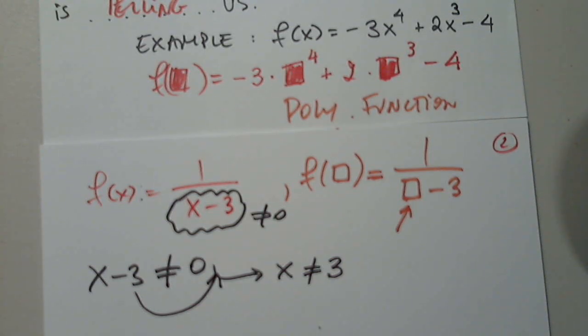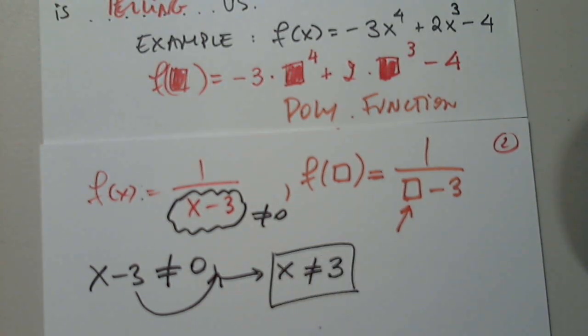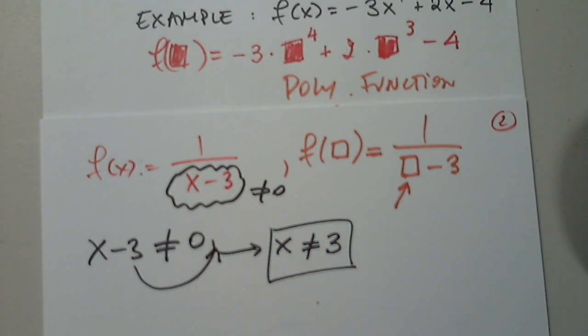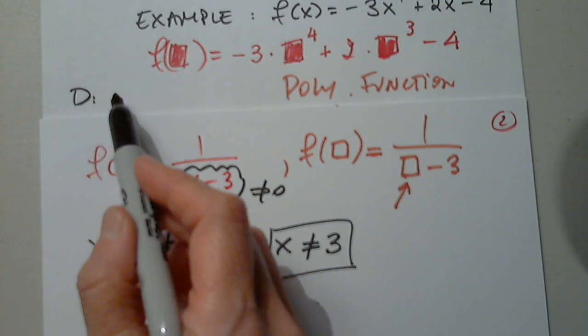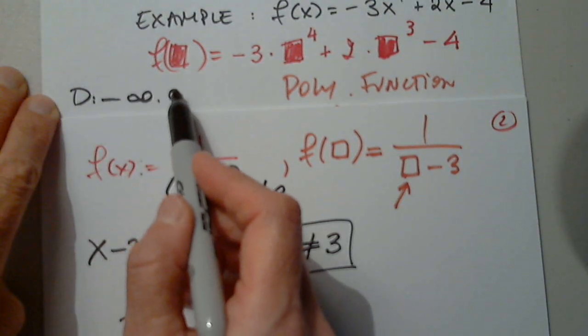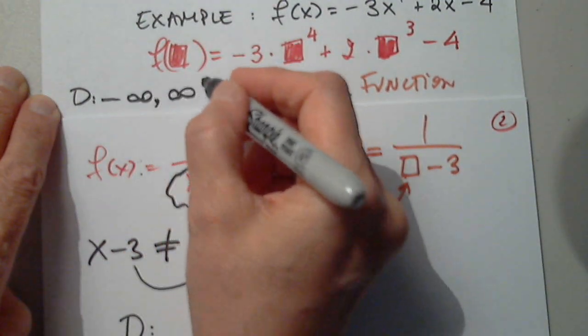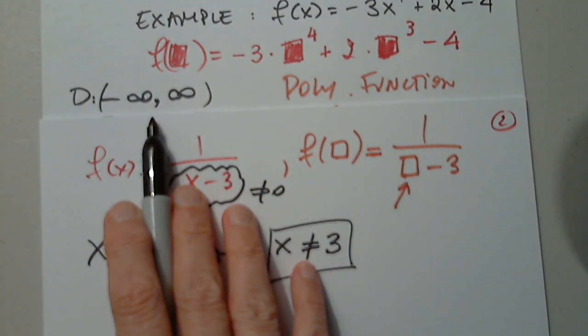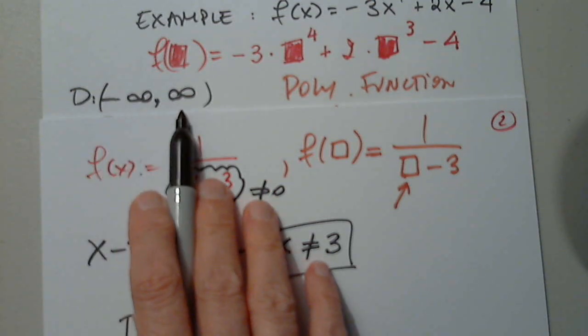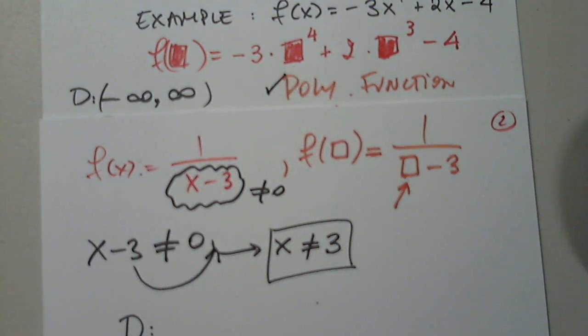It changes its sign, so then x cannot equal 3. How will I write the domain of this function? The domain of this function is written in interval notation like this. All real numbers. For polynomial functions, from negative infinity to infinity, always the case. But how do I write the interval notation for the domain of this function when x cannot be 3? How will I write it?